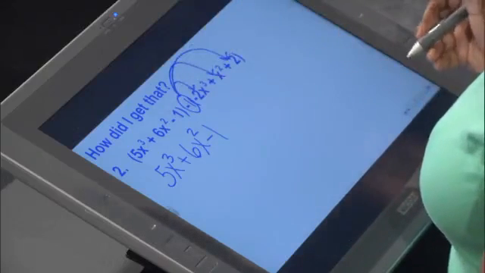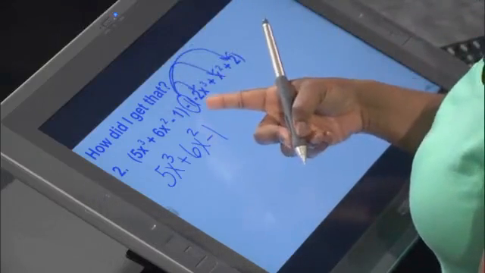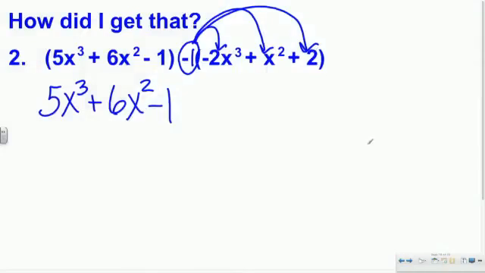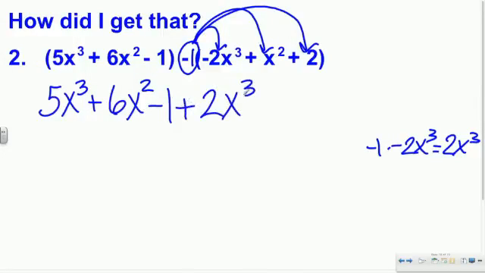I'm going to come off to the side and do a little scratch work. Okay, so for the first term, negative 1 times negative 2x cubed. That's a positive 2x cubed. Okay, so plus 2x cubed. Now I have this negative 1 times x squared.